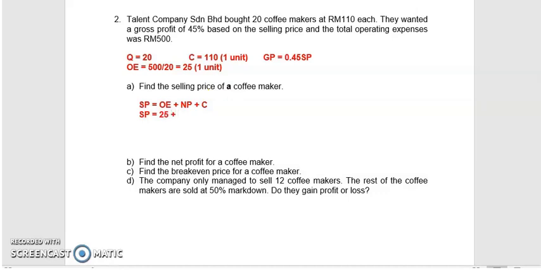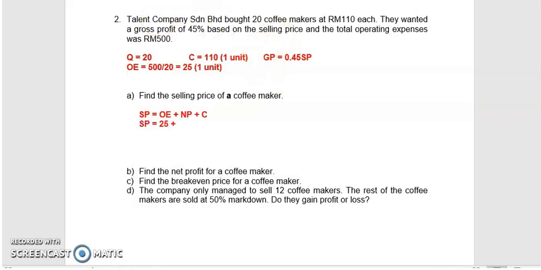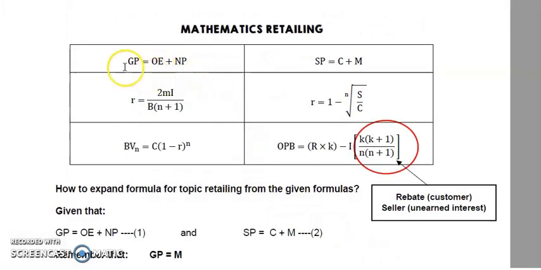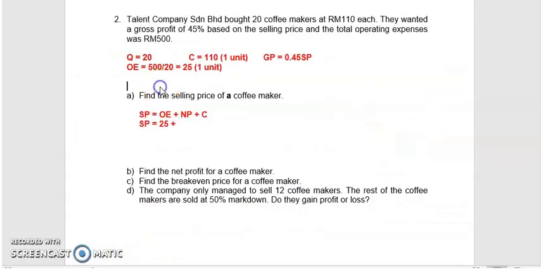Okay, so note here that we don't have net profit. So similar to question 1, from formula given in final exam, this formula, you can derive net profit equal to GP minus OE. So NP equal to GP minus OE.